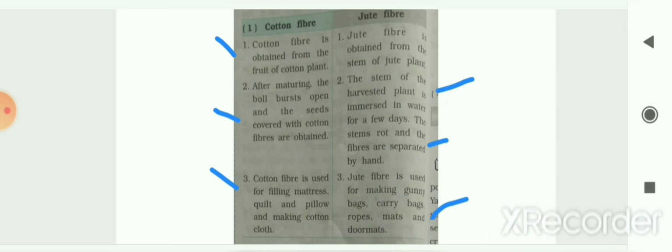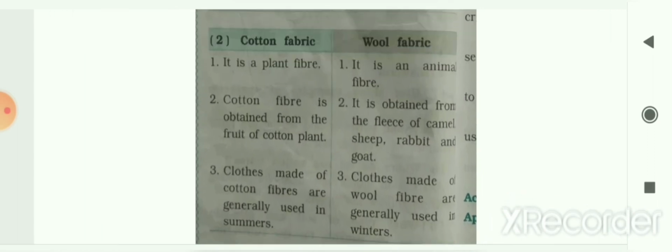The next difference is between cotton fabric and wool fabric. So cotton fabric is a plant fiber, whereas wool is an animal fiber. Cotton fiber is obtained from the fruit of a cotton plant, and wool fiber is obtained from the fleece of camel, sheep, rabbit and goat.